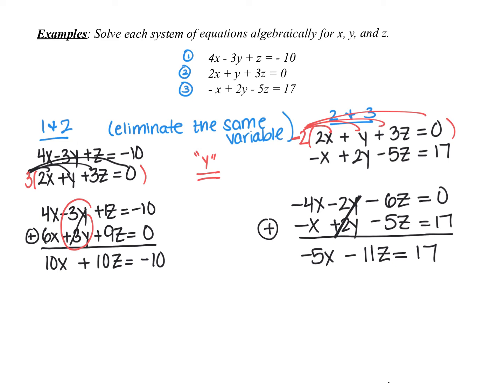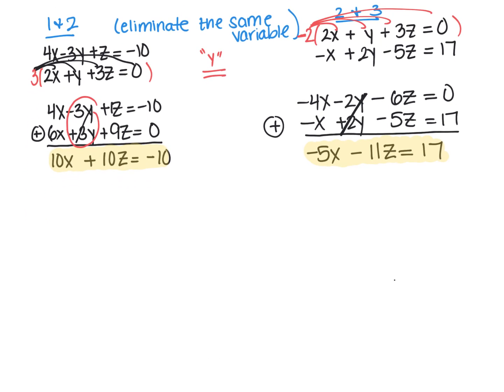So notice how you went from x, y, z equations to just x and z. So these two equations need to end up with the same variables in order for this to work, which they did. So we have 10x and 10z, negative 5x and negative 11z. So now the next step is that you're going to put these two equations together and eliminate another variable.